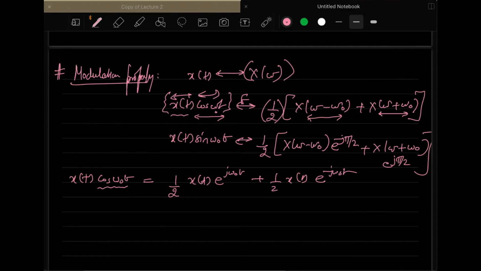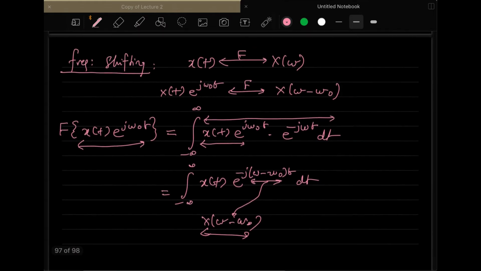And you know already that we have evaluated this factor and this factor separately. If this is the factor that you have in the time domain, then the corresponding spectrum will be shifted by that same amount. If it is a plus here, then you will have a minus sign on this side, and the spectrum will be shifted by omega naught.